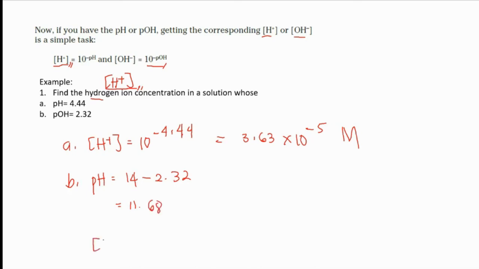Then, i-align tayo ni H plus, which is 10 raised to negative 11.68. 2.09 times 10 raised to negative 12, ma'am. Okay, 2.09 times 10 raised to negative 12 molar. So, ganyan naman yung pabaliktad. Unknown yung H plus natin. Ayan, OH natin. Okay?